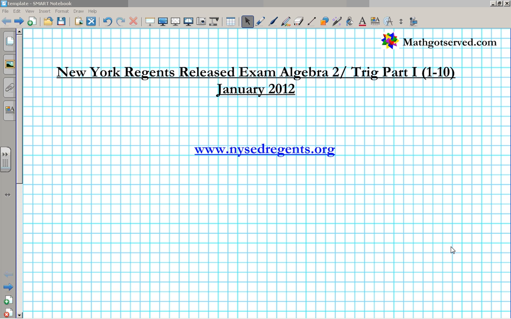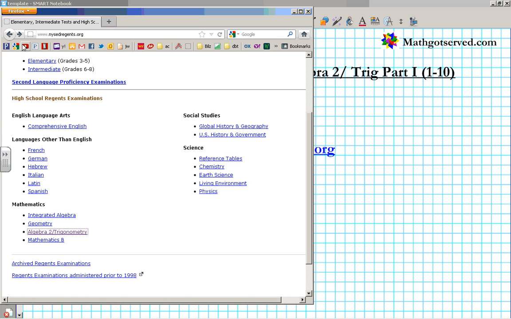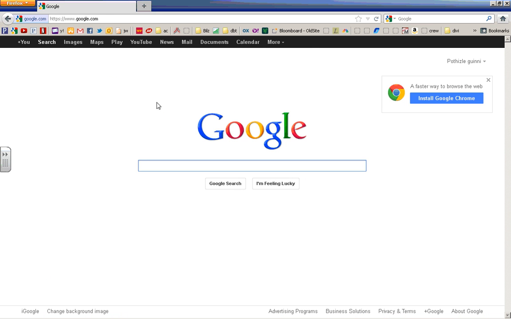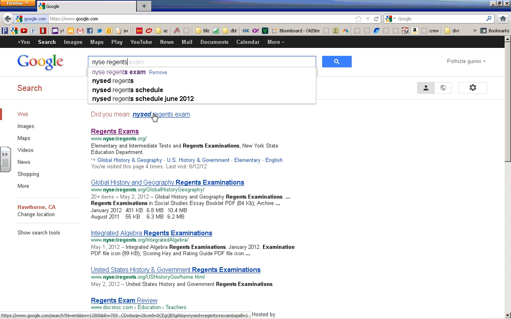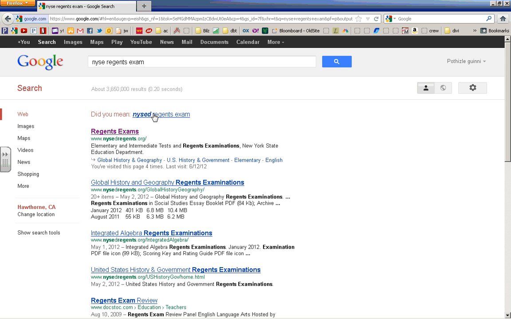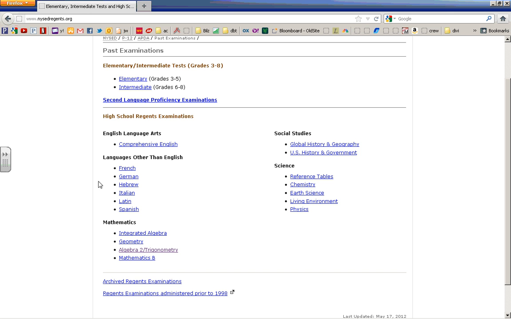If you want to get access to this document, you can just go to Google and type in NYSE Regents exam, enter. The first search item you get is the Regents exam, and when you click on that, you see all the exams that have been released.